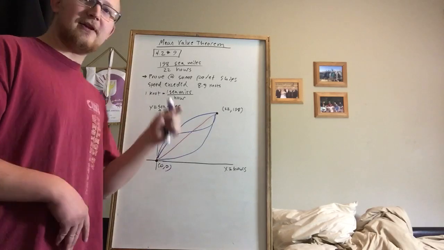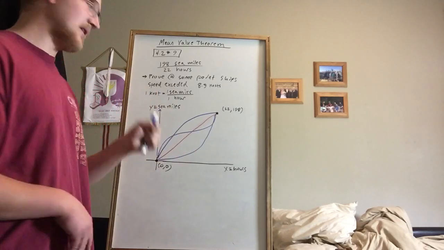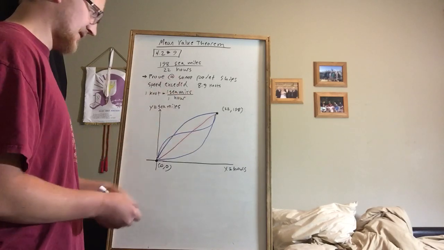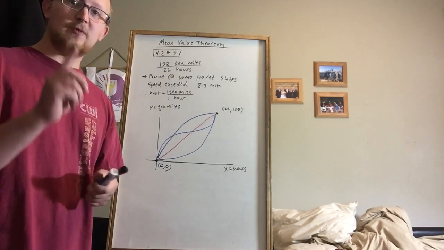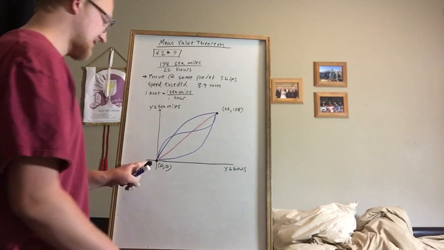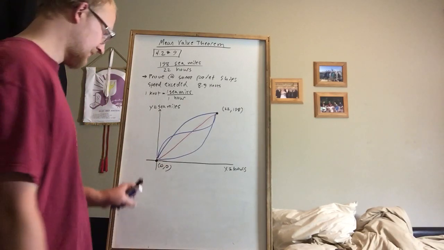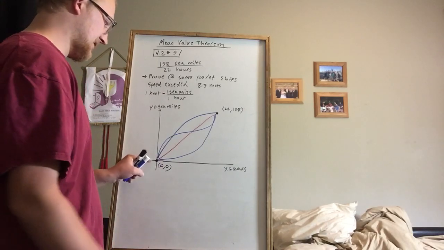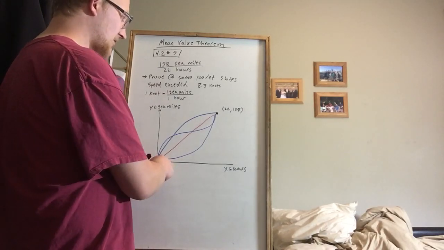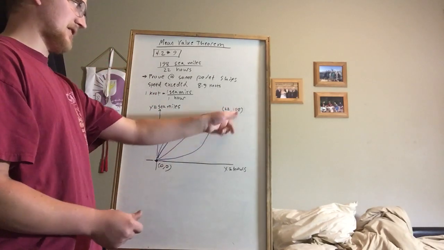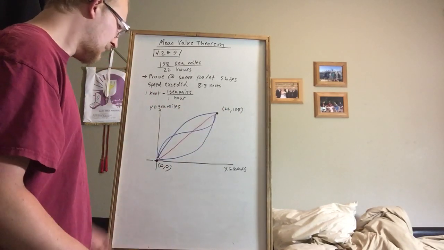So there are infinitely many ways that this can be attained, as you can see by these 3 example functions. But there is only one secant line, right? So the secant line is drawing from our first ordered pair where we started 0, 0, 0 time, 0 distance, and drawing a linear line from there to our finish line, which is at 22 hours and 198 sea miles.